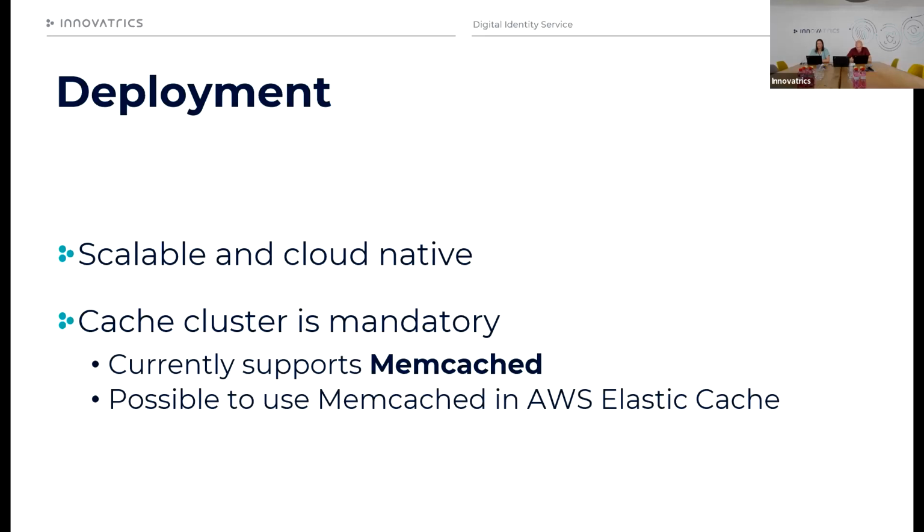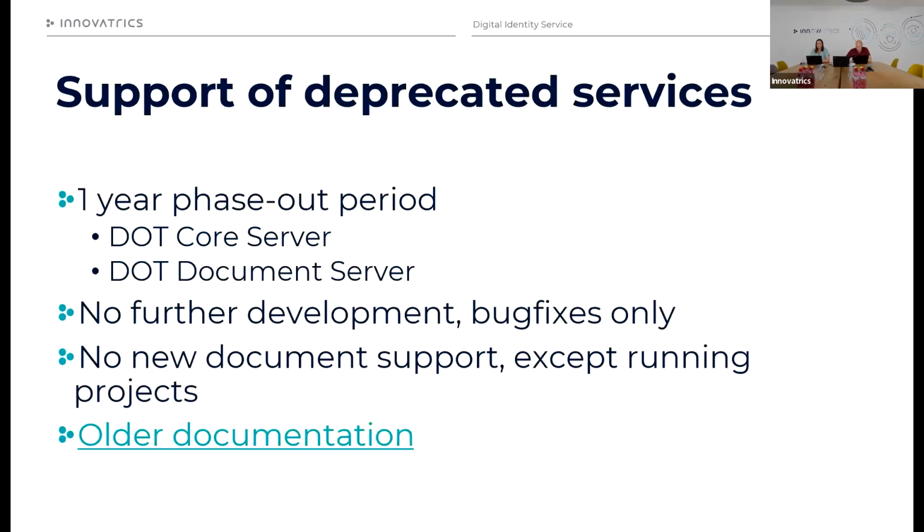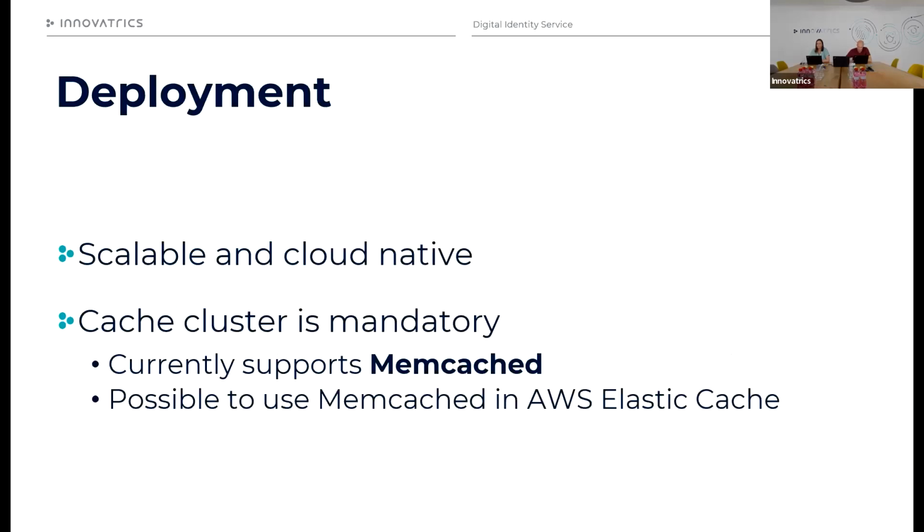The Memcache is compatible with Amazon's Elastic Cache, so this should also be no problem. But in case you would need other technology than Memcache, it's possible. And just please contact us, and we'll discuss this based on your project.